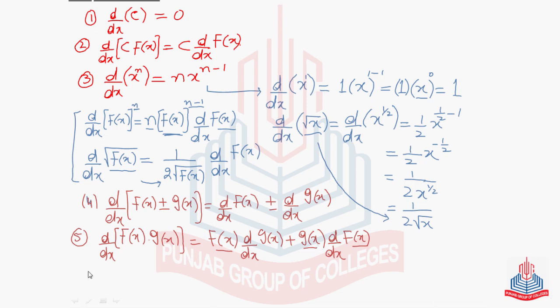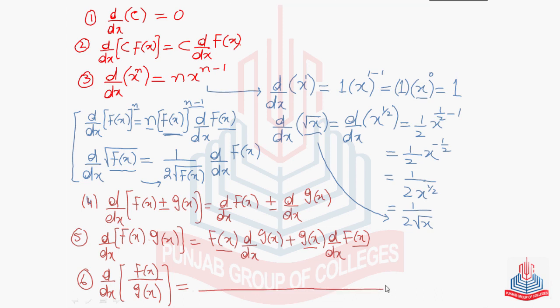And the sixth and last one was d by dx of f(x) over g(x), the quotient rule actually. So this is equal to, in a simple way we can say, in the denominator g(x) whole square.